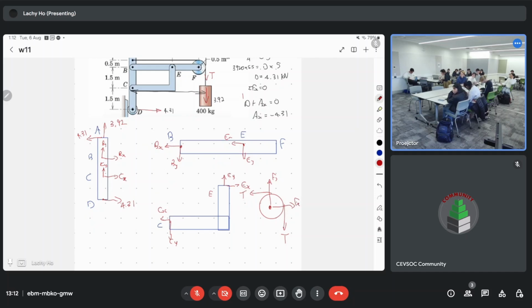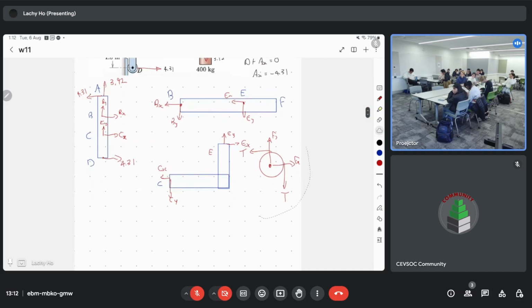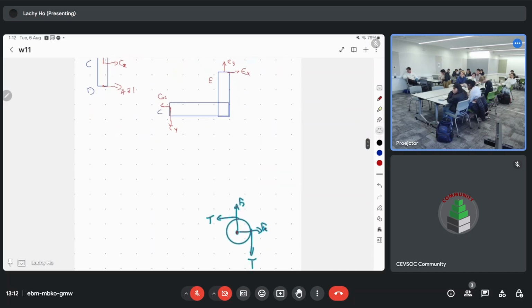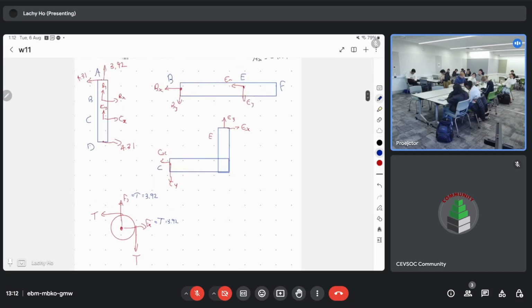And so let's start with the simplest diagram, which is in fact this pulley diagram here. I can see that Fy just equals T, and Fx just equals T, which I mentioned before is 3.92. So when I come back to drawing this diagram, which I didn't quite finish, remember that our values have to be in opposite directions.